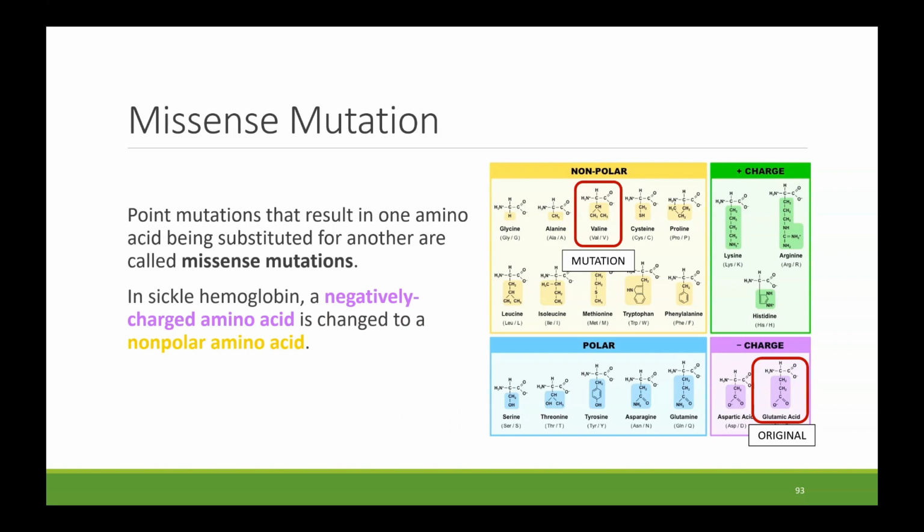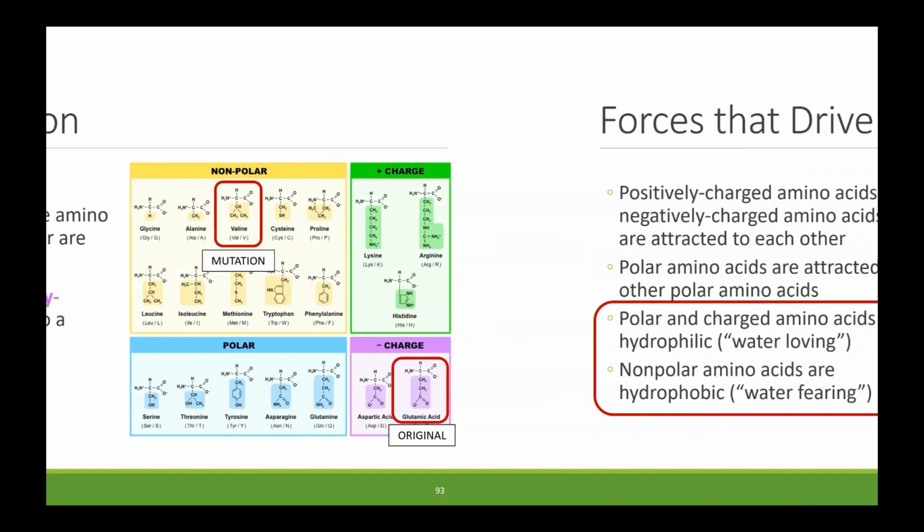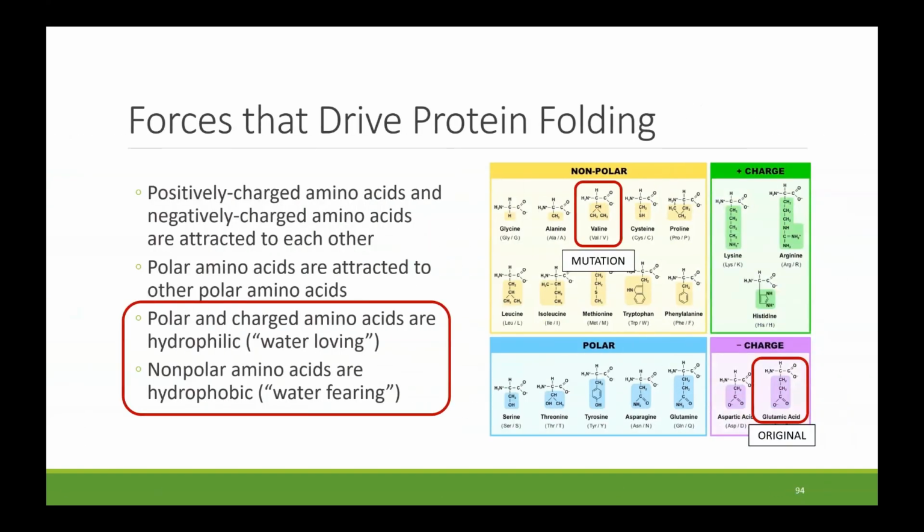But in the sickle cell hemoglobin allele, the new amino acid, the mutated one, valine, is nonpolar. And if we think about what we learned about the forces that influence protein folding, we know that electrically charged amino acids, like glutamic acid, play well with water, but nonpolar ones do not.